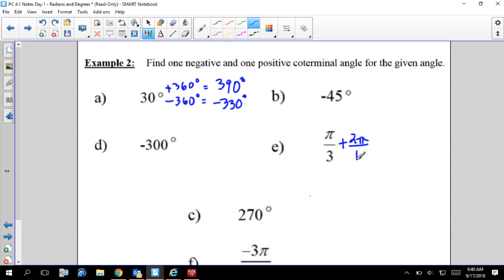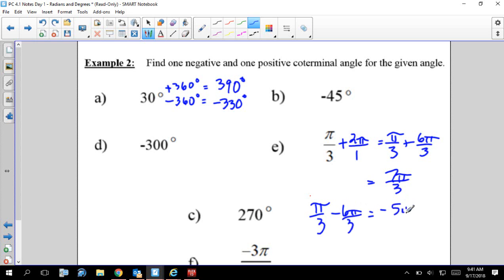So we think fractions, so we say, oh, that's common denominators. So what's my common denominator? So pi over 3 plus 6 pi over 3 is 7 pi over 3. We also have to find the negative, so I'll do pi over 3, take away 6 pi over 3, negative 5 pi over 3. Radians.